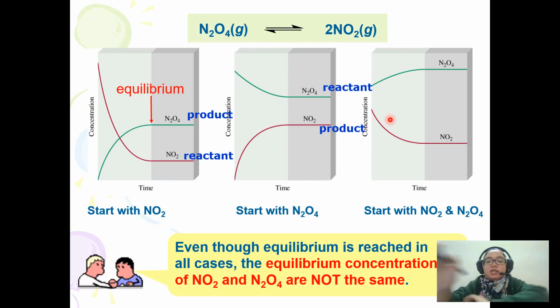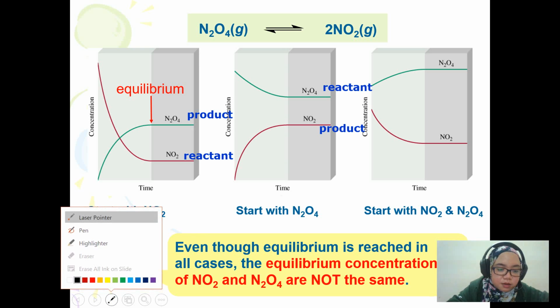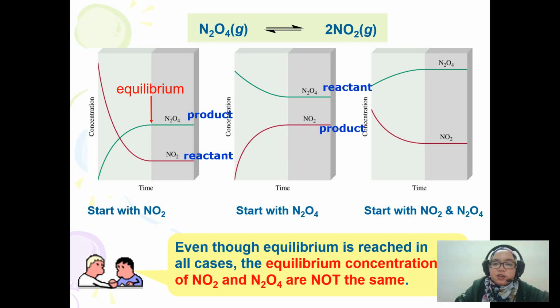Okay, let's do the equilibrium constant expression K for this reaction. Okay, for equilibrium constant tadi saya cakap K is equal to concentration of product over concentration of reactant.